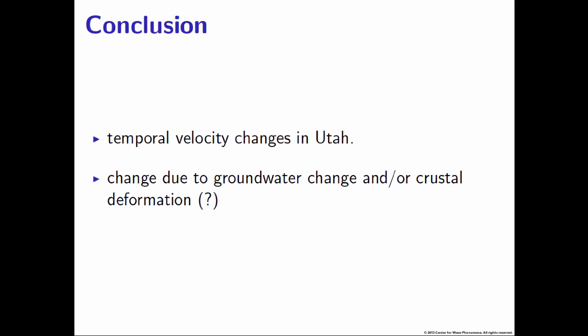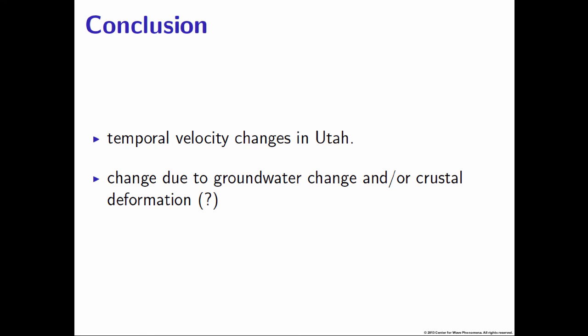In summary, I would like to say that from our study, we are observing significant velocity changes across the subsurface within Utah and some of the neighboring states. The method we are using here allows us to estimate very weak velocity changes as small as 0.1%.